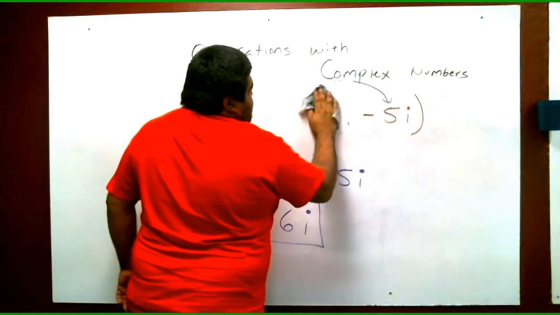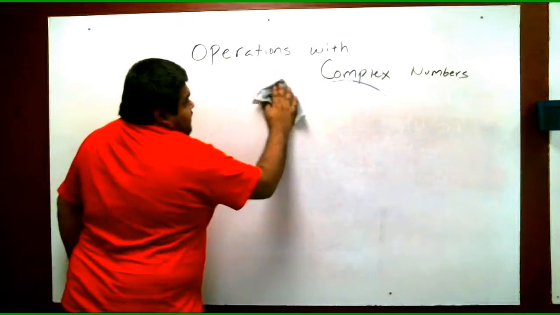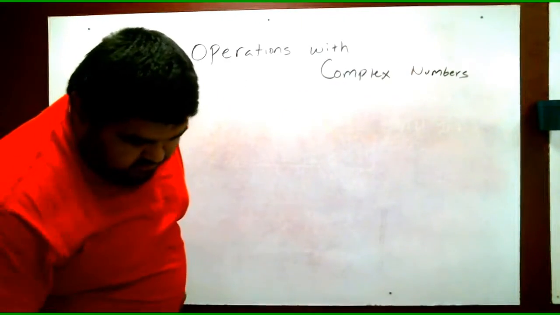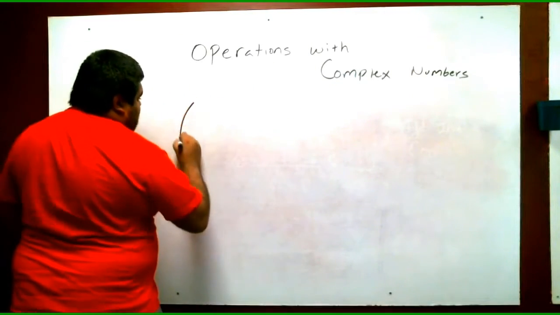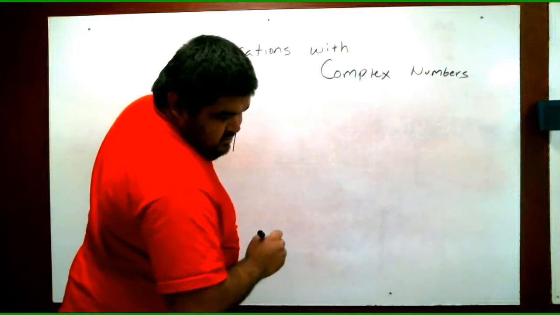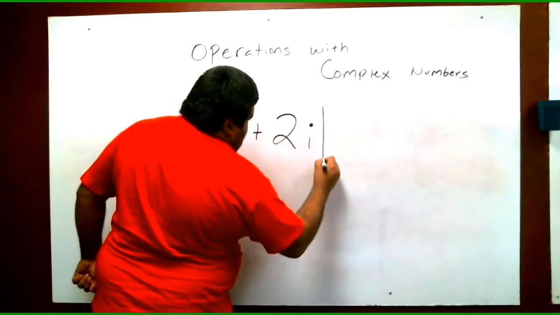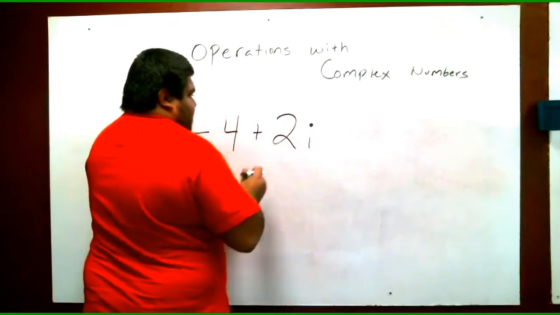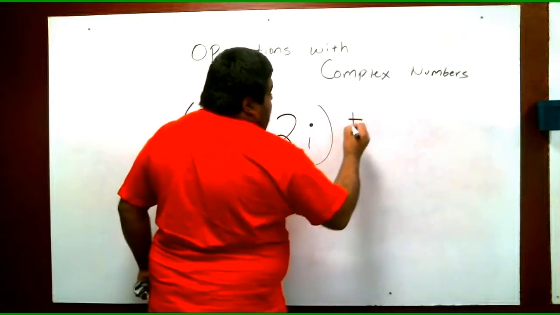Let's erase this one here. All right, your assignment for today is we're going to have negative 4 plus 2i. Oh, wrong parentheses. I'm going to put both in here. I'm going to do plus, because you're doing one for plus.